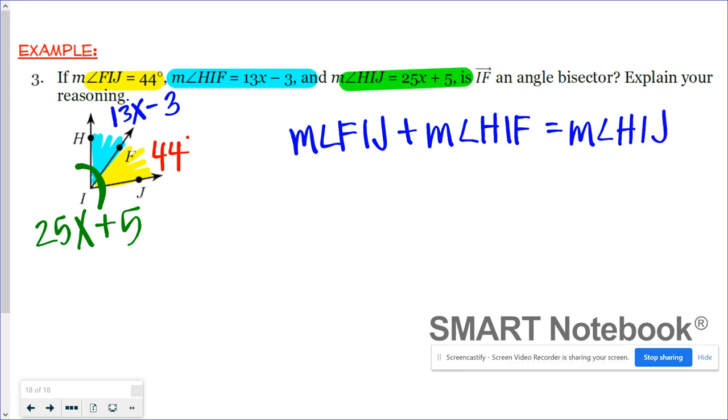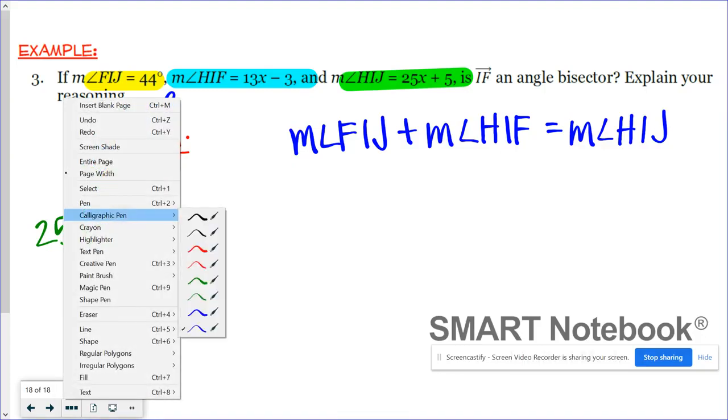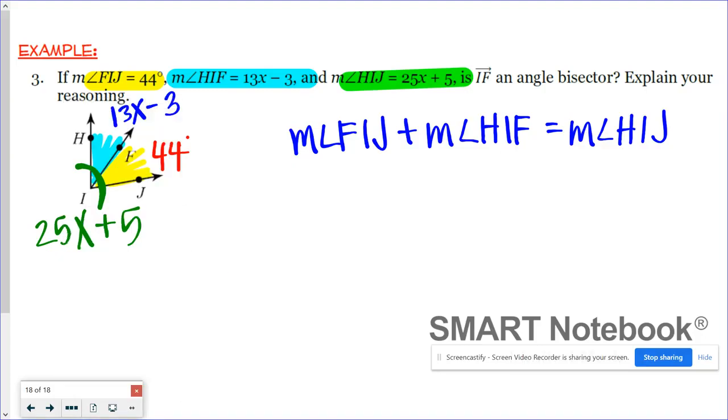So I know the angle addition postulate is absolutely true here. I do not know if IF is an angle bisector, so I cannot start there. I have to start with what I absolutely know and prove or disprove. So that's what I'm going to do.